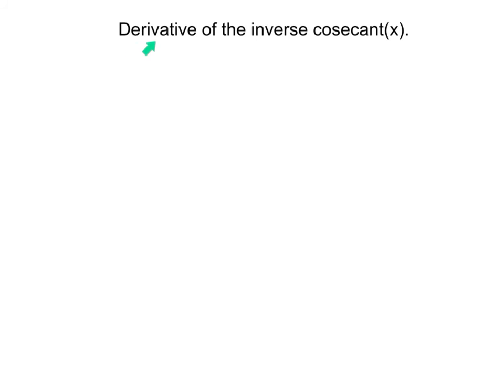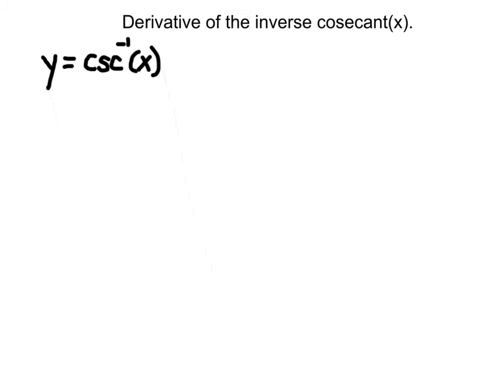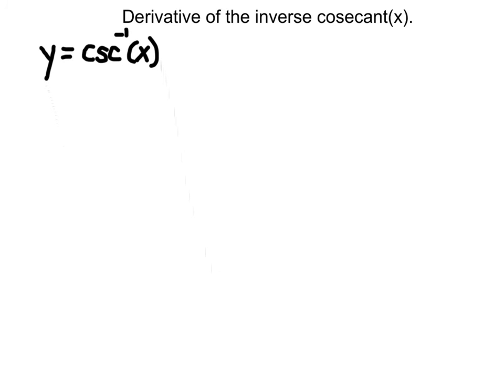And our last derivation here is to find the derivative of the inverse cosecant of x. So we start by saying we have y is equal to the inverse cosecant of x. And we're going to follow what we've been doing all along by taking the cosecant of the left and the right hand side.